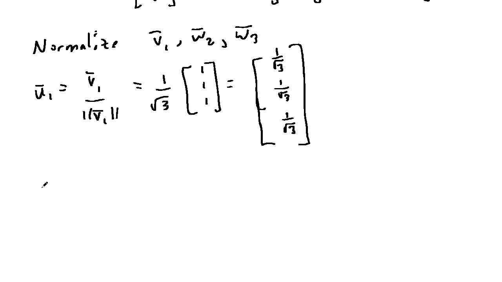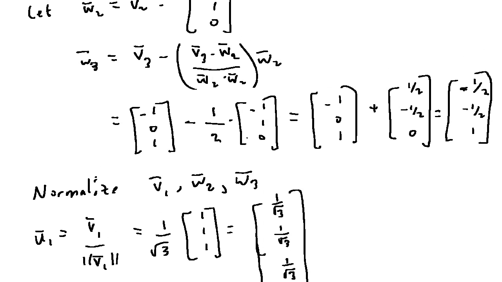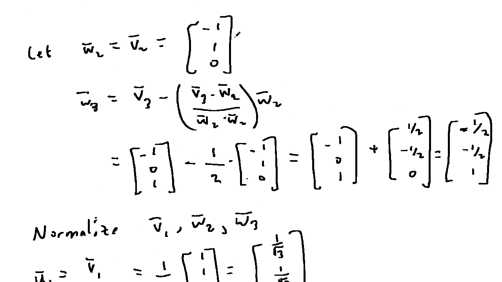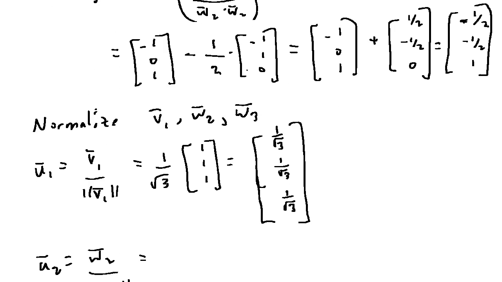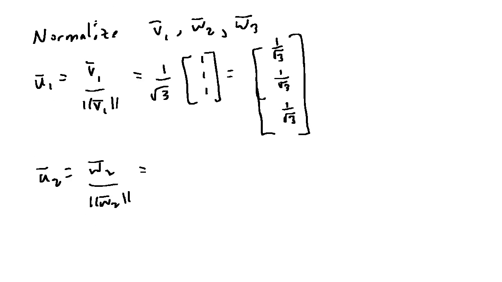Okay, u2 is equal to w2 divided by the norm. Okay, w2 is this vector here, so the norm of that is square root of 2.